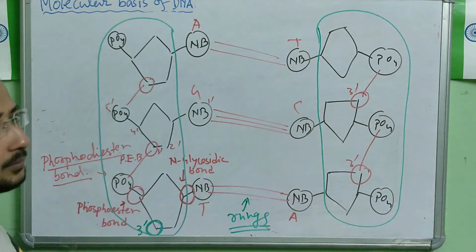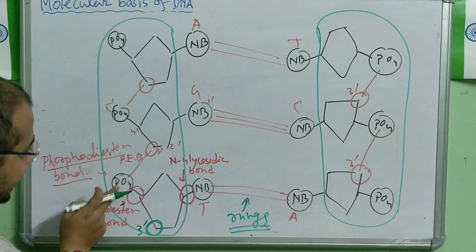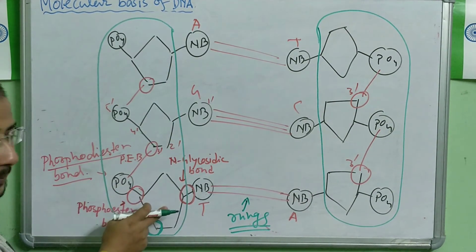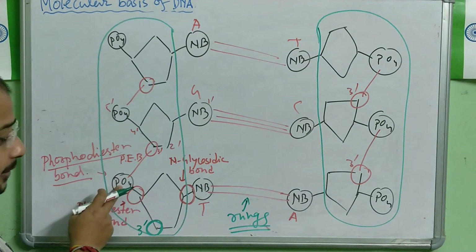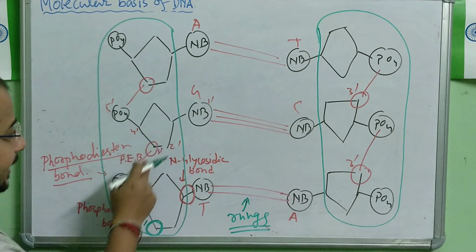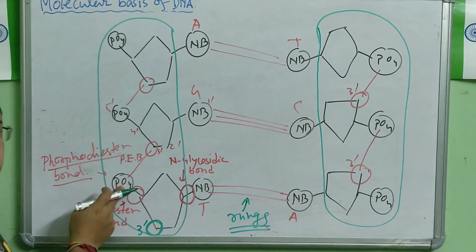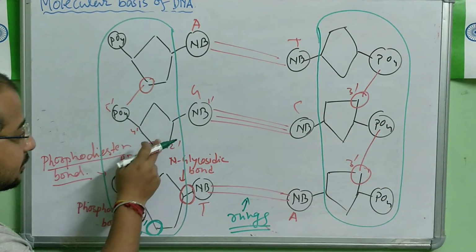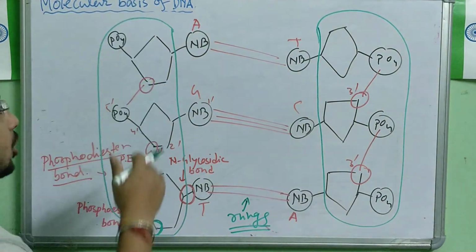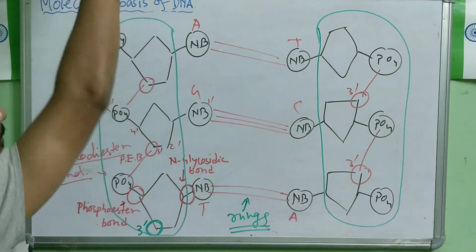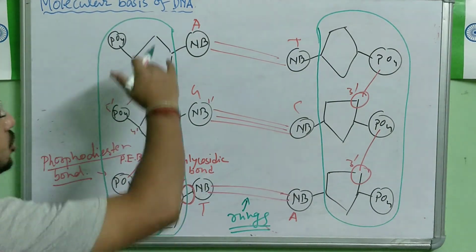Look at this one. Everywhere we see the sugar has a 5 prime position. The phosphate group is here, which binds with the next one. At the 5 prime position, the phosphate group binds with the 3 prime position. Now this is the last one at the top level. Above that there is no nucleotide.